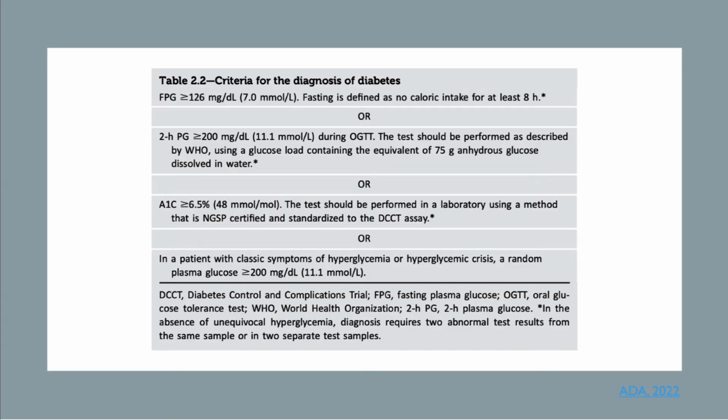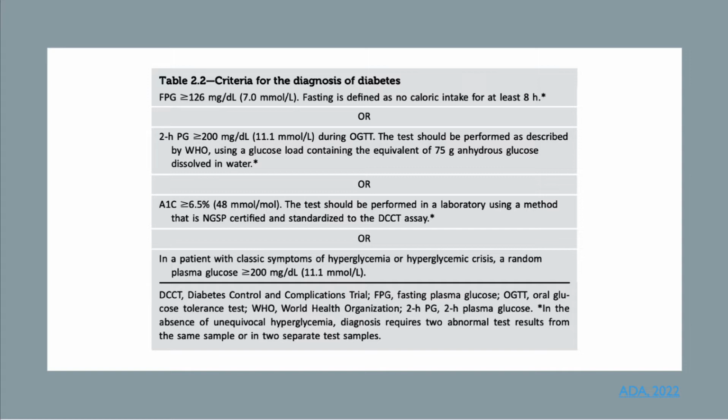Here are the criteria for the diagnosis of diabetes. So the magic number is a fasting blood sugar of 126. And again, fasting means no caloric intake for 8 hours. The other way that you can make the diagnosis is with a 2-hour postprandial oral glucose test. So you draw the blood 2 hours after the 75 grams of glucose, and then we make the diagnosis based on that.